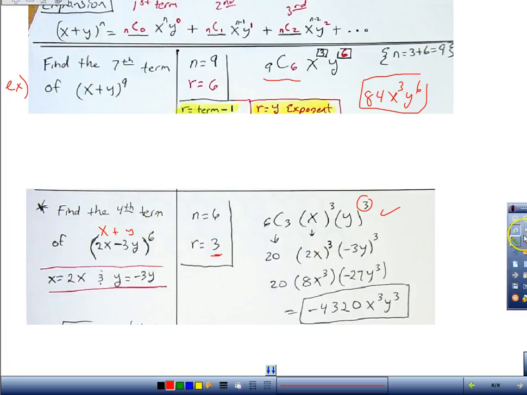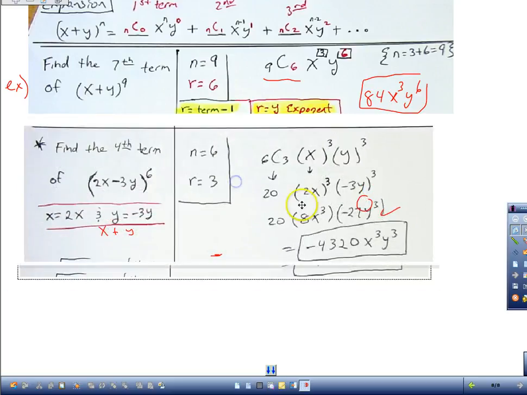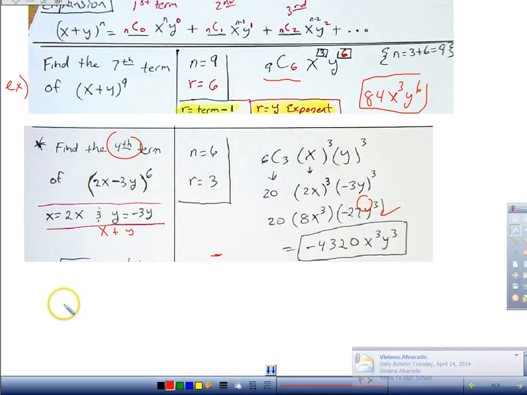Now, in case they ask you to find the complete expansion, not only the fourth term, but the complete expansion, it's going to look something like this.